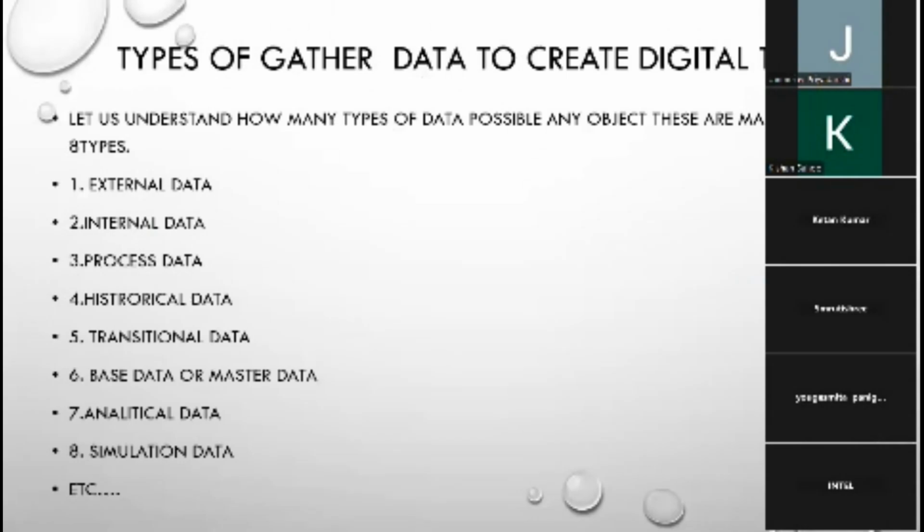So when we gather the data, what are the types of data of any physical object? The data are of different types. Mostly we divide them into 8 types. So one is your external data, then internal data, process data, historical data.